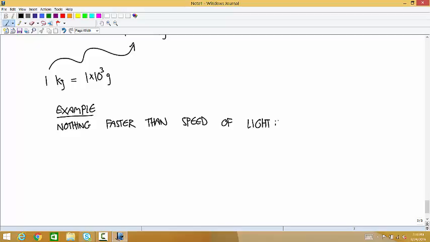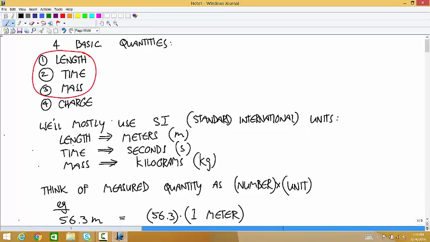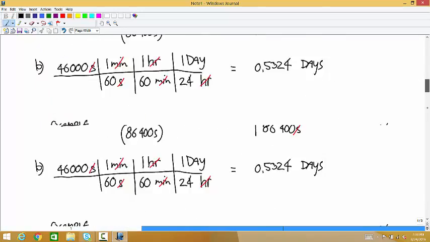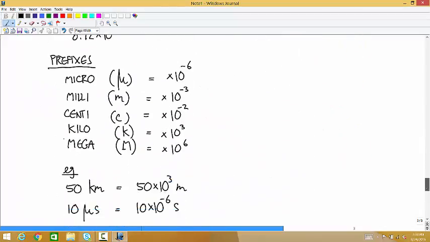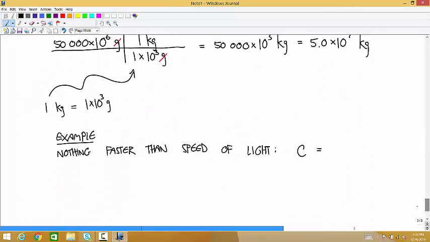And the speed of light is abbreviated c, and it's equal to 3.00 times 10 to the 8th meters per second.